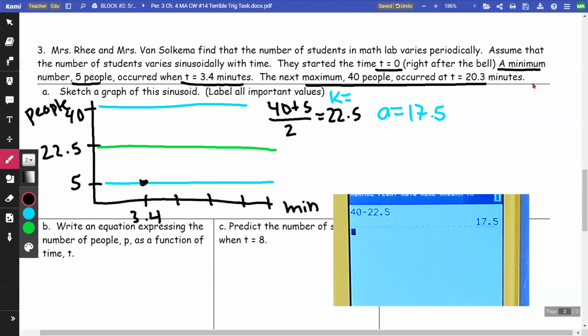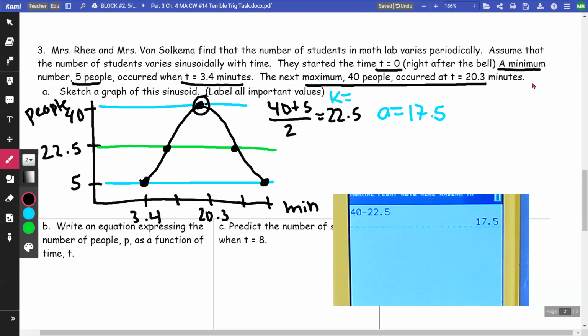We know that we have a high, which has to be, so what's going to happen is, if this is our low, this is our low. Halfway in between is going to be our high. Halfway in between that is going to be our 0, which is our 22.5, and that one too. And that's going to be our graph. Now, I know that this high value occurs at 20.3, so this is going to be 20.3.